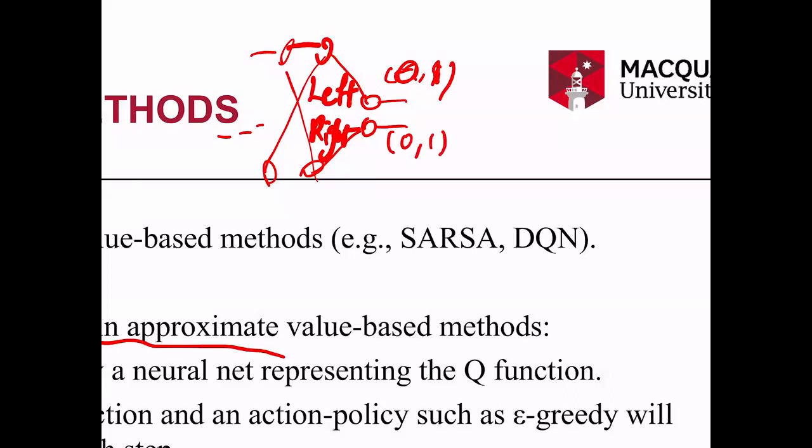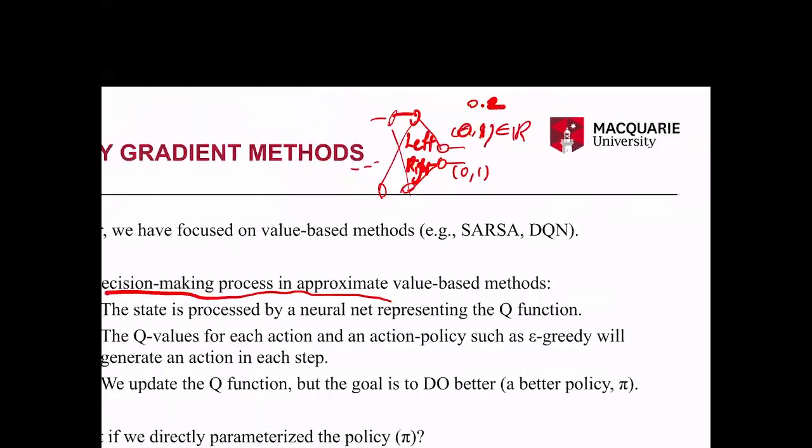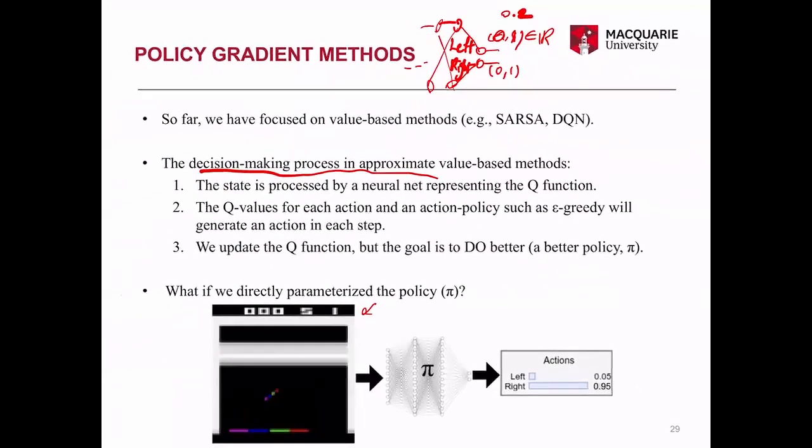These are actually real numbers, so it can be left for 0.2 or 0.5, and they're actually different. When you're dealing with these kinds of environments, it's almost impossible to use DQN and SARSA on them. To solve that problem, policy gradient algorithms are great, and that's exactly one of the reasons we're talking about them, and that's why they're important.